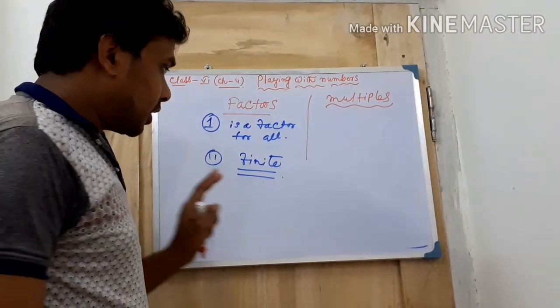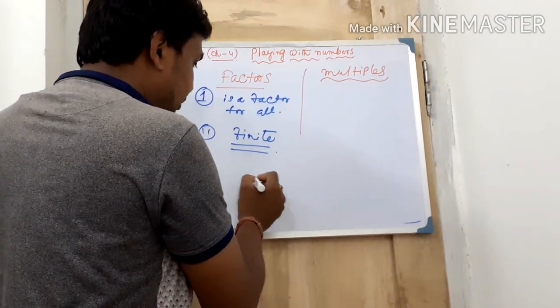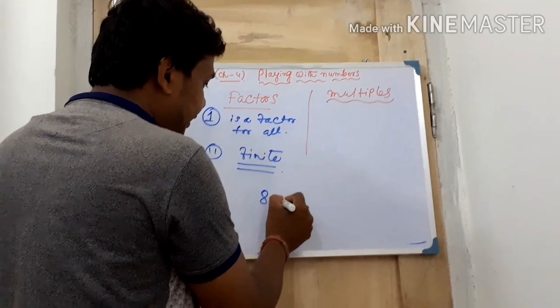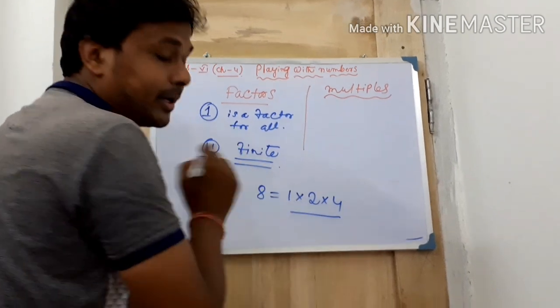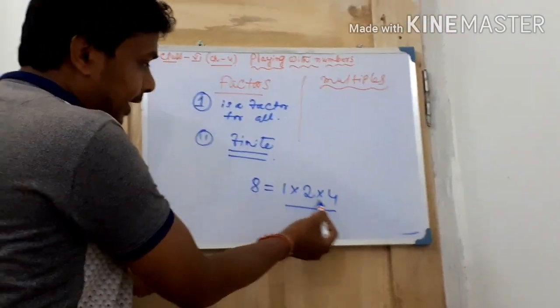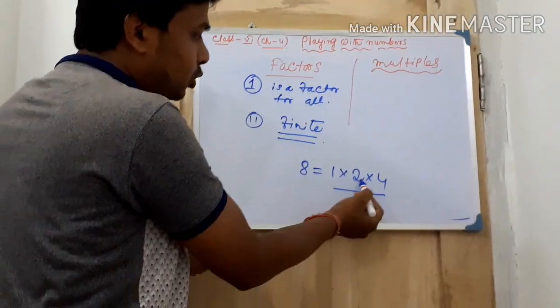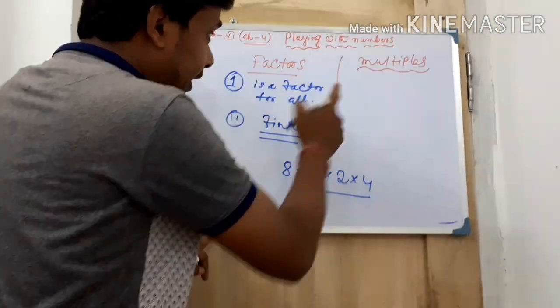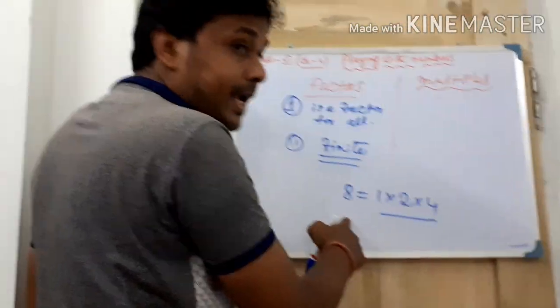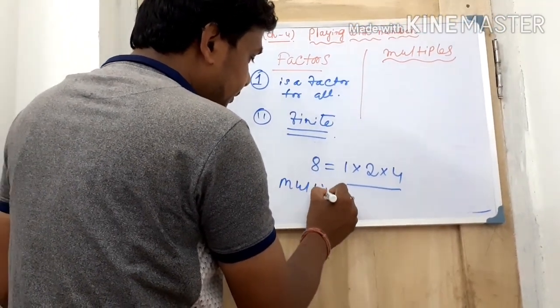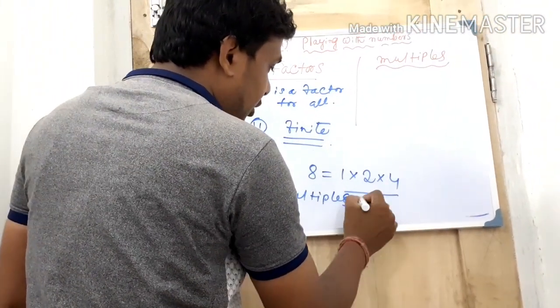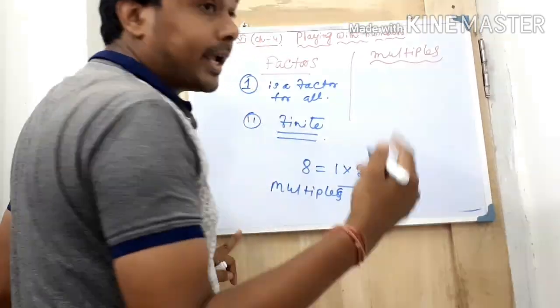Finite means what? Suppose you take the example of 8, then you write 1 into 2 into 4. So there is a limit on the factors. Only 3 factors we are getting, only 1, 2, 4. But if you write down the multiples of 8, then multiples of 8 are infinite.